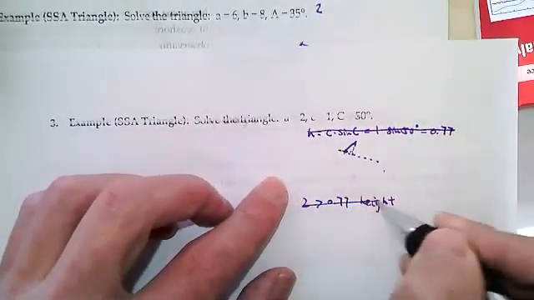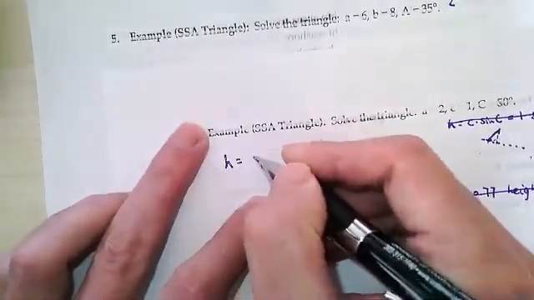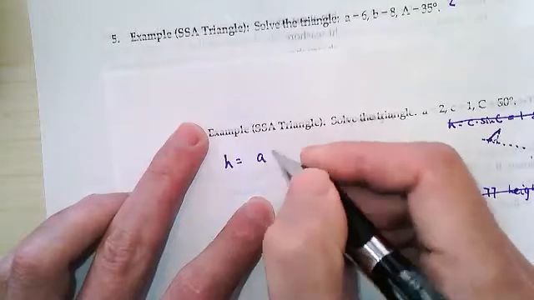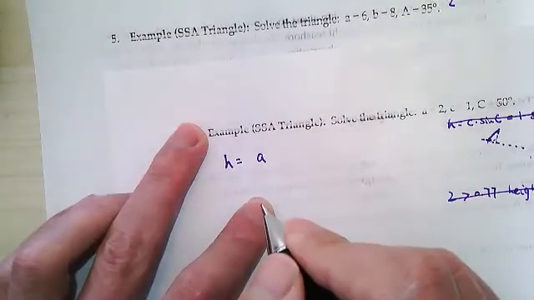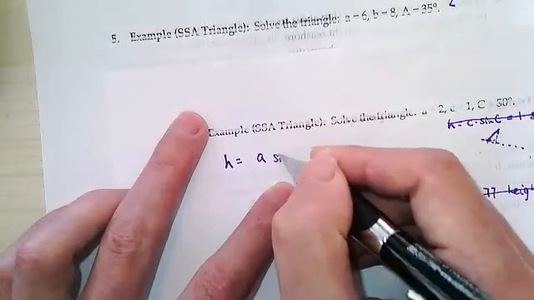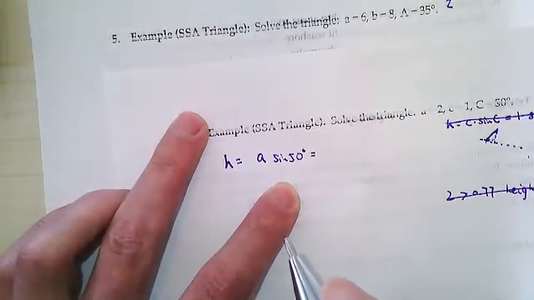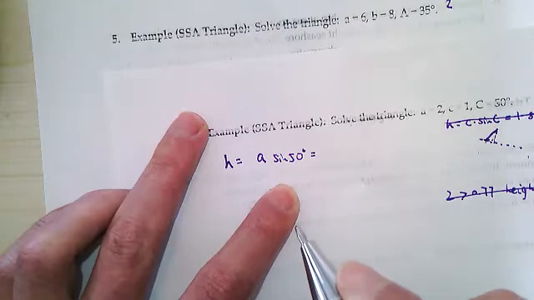I made a mistake. So let's calculate the height again. Height is A times sine 50.